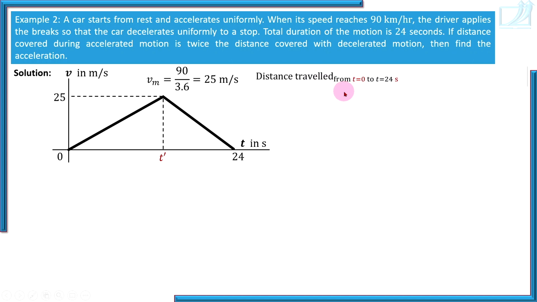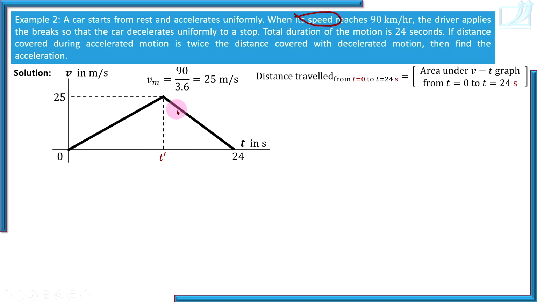So distance travelled from t equal to 0 to t equal to 24 seconds is the area under the VT graph from t equal to 0 to t equal to 24 seconds. Now check here, when its speed reaches 90 kilometers per hour. This VT diagram is not a velocity time diagram, but a speed time diagram. What I am telling you, listen. Area under the VT diagram, we say displacement.